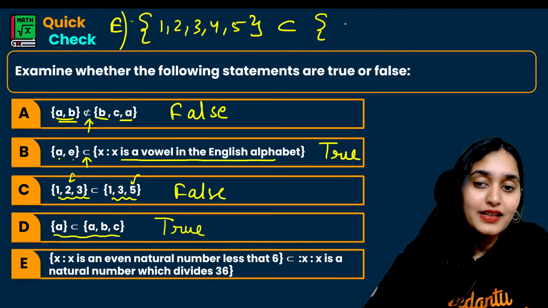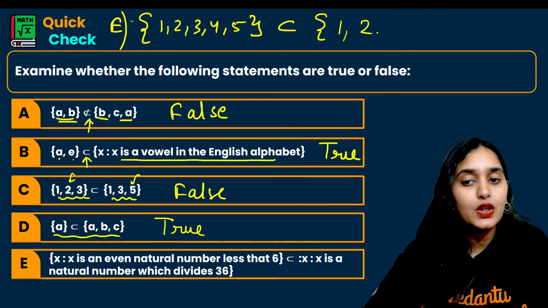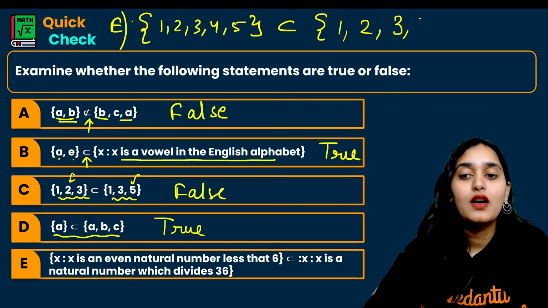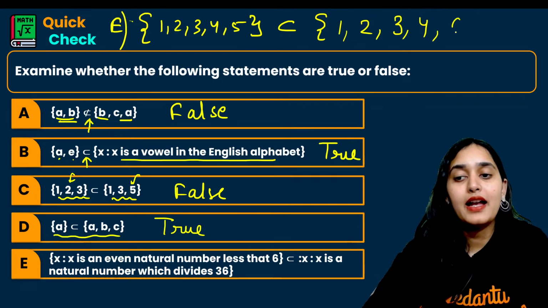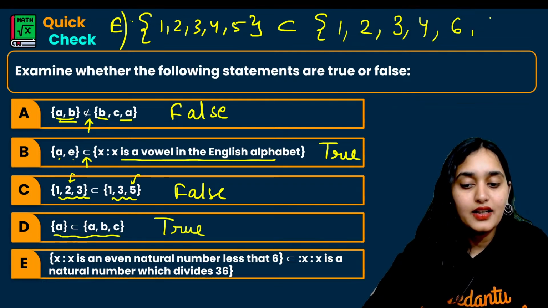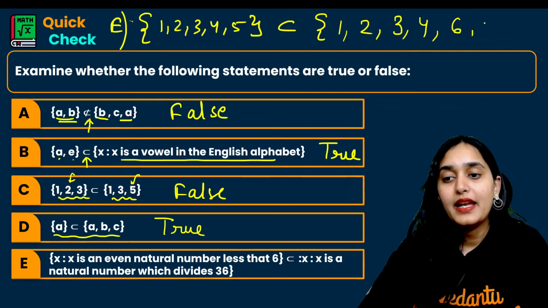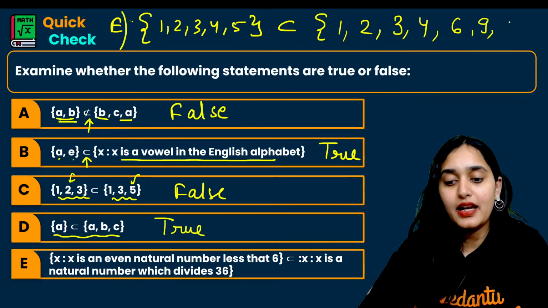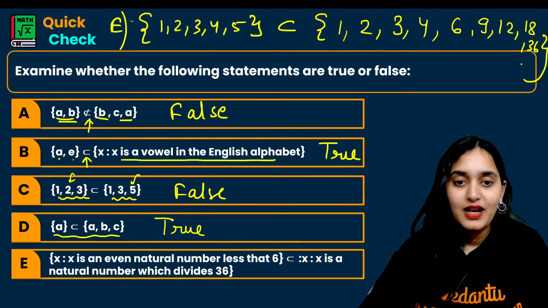Who can divide 36? 1, 2, 3, 4 and 6, and 9, then 12, then 18 and 36.